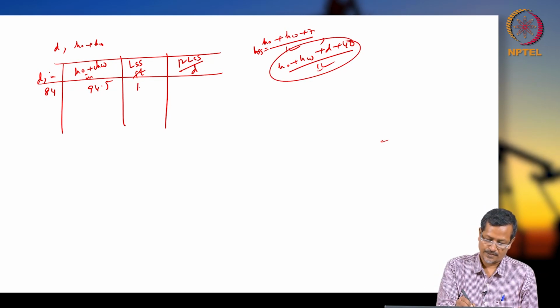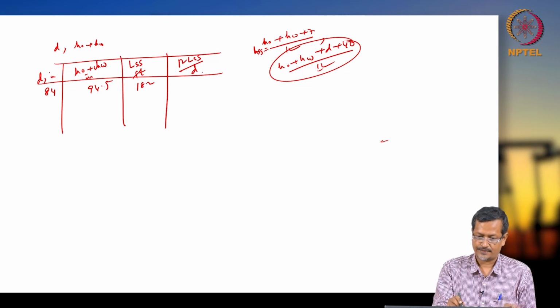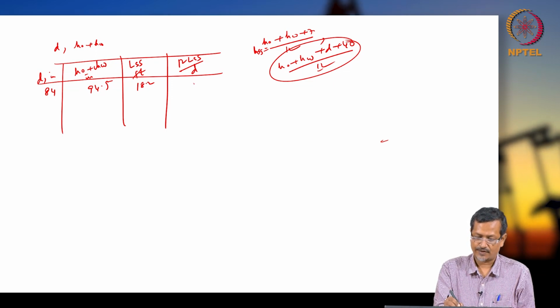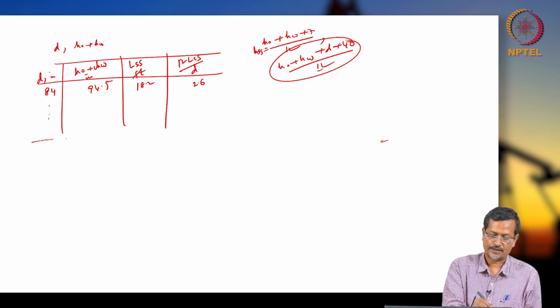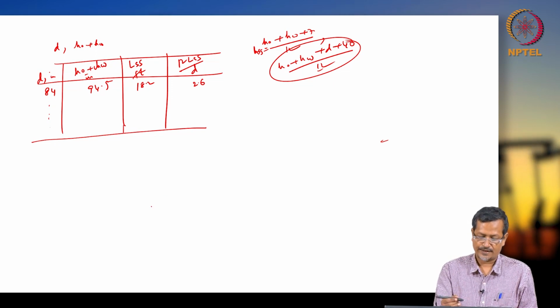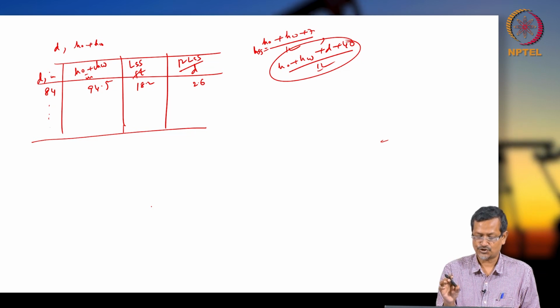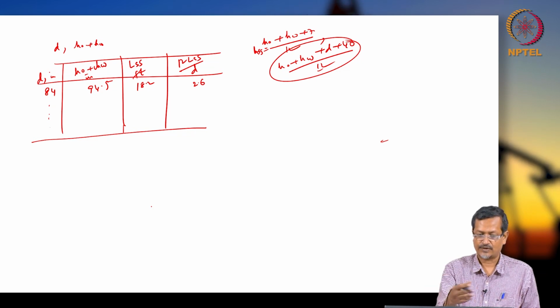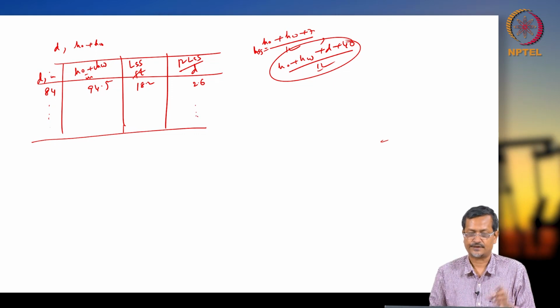It is coming 18.2, and if you divide LSS by D, you get 2.6, your slenderness ratio. Keep the slenderness ratio between 1.5 and 3, so any value can be taken, and you can state the design parameter values.